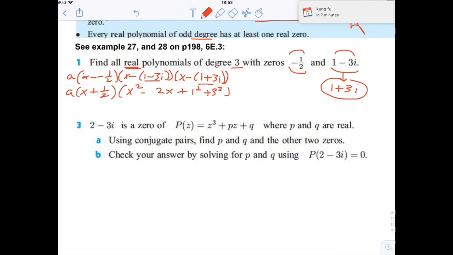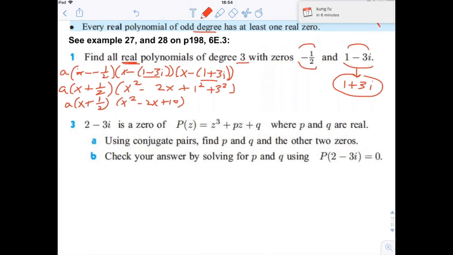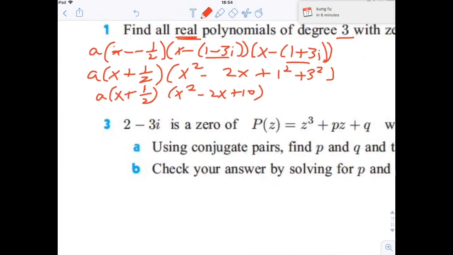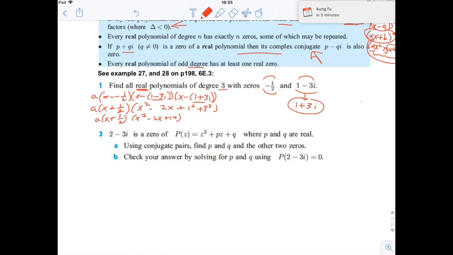Okay, so we're going to have x squared minus 2x plus 10. And we'll have x plus 1/2 times a. And if we want to, we could multiply that out. But even the book doesn't multiply that out, so you could just leave it like that, okay?